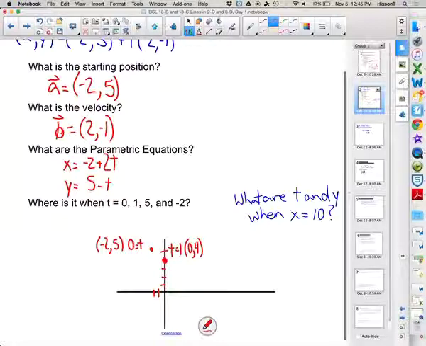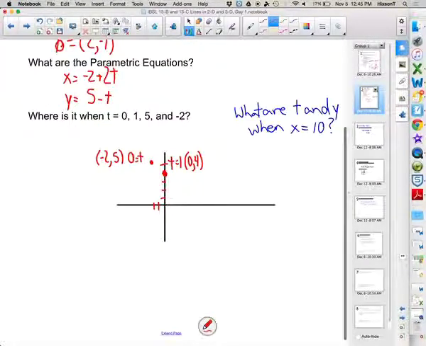The nice thing about this, and this is where the equations really come in handy, is we don't want to keep having to go over 2 down 1, over 2 down 1, over 2 down 1. We could now jump to, hey, where are we going to be after 5 seconds, or whatever our unit of time is? Well, we plug in 5. X is going to be -2 plus 10, and y is going to be 5 minus 5.